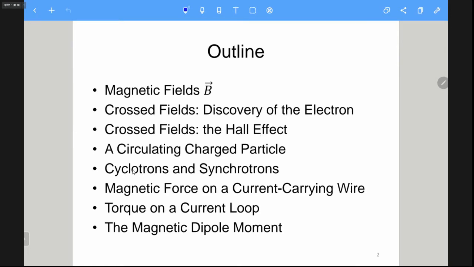Okay, and then we'll talk about the circulating charge particle, and then the cyclotron, synchrotron, which is something like the particle accelerator. And then we'll talk about the magnetic force on a current carrying wire, and then on a current loop, and then dipole moment, magnetic dipole moment, similar to the electric dipole moment.